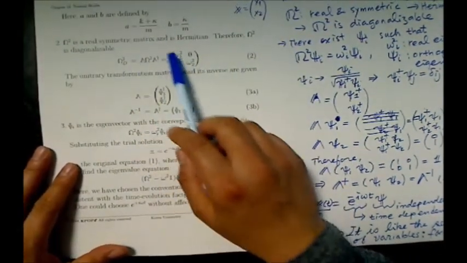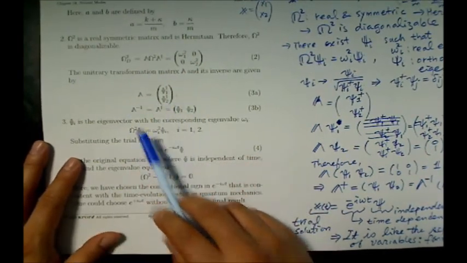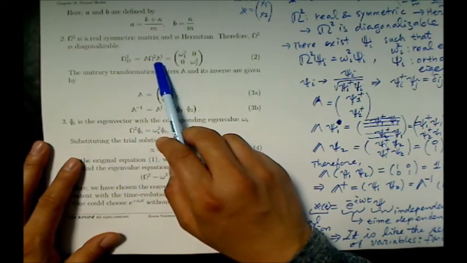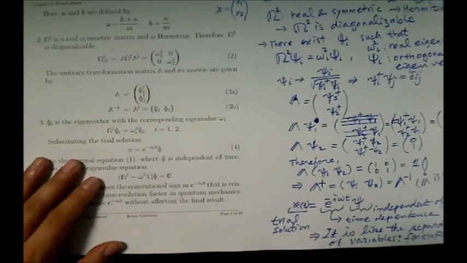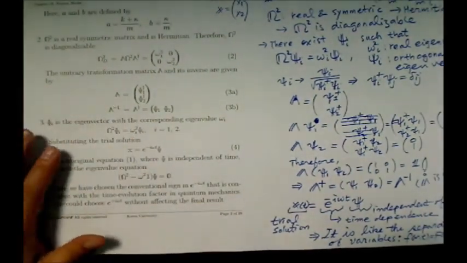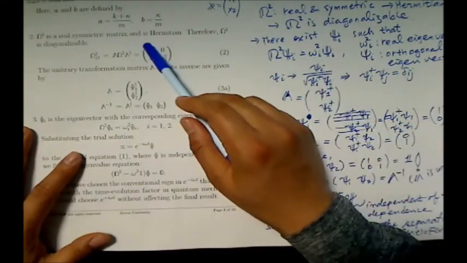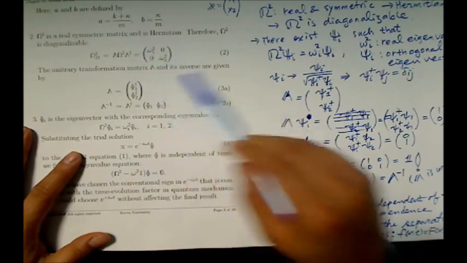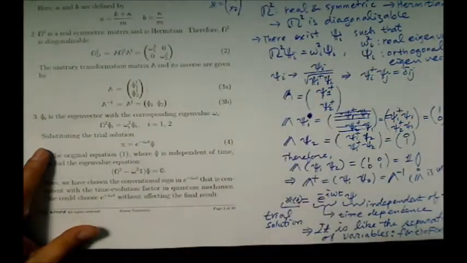Now we were able to find the transformation matrix that diagonalized lambda, and the resultant diagonalized form of omega squared, that is omega d diagonal, is just the eigenvalues. Diagonal elements are eigenvalues, and all the off-diagonal elements are vanishing.